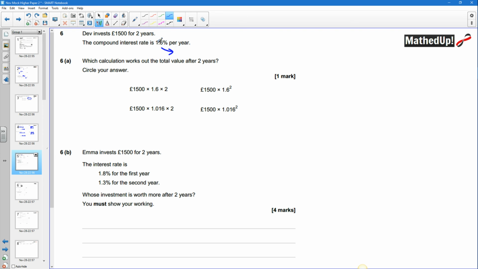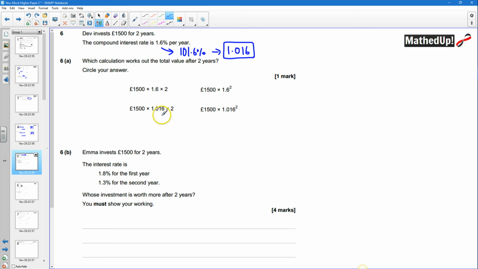So that means that it's going to increase by 1.6%. So 100%, if that went up by 1.6%, would become 101.6%. And as a decimal, that's going to be 1.016. Okay, so that there is going to be my multiplier to increase by 1.6%.